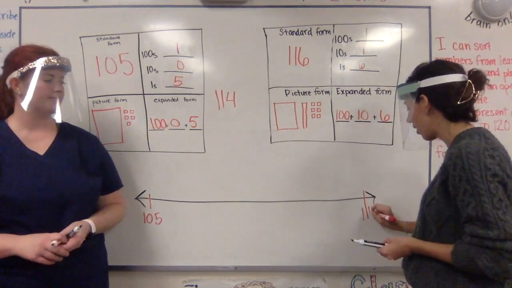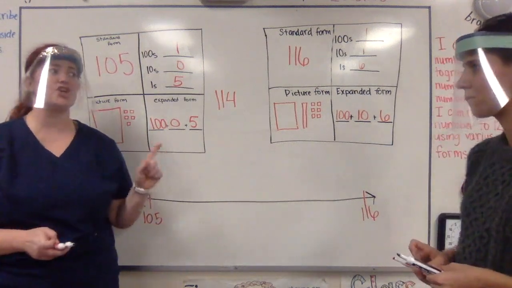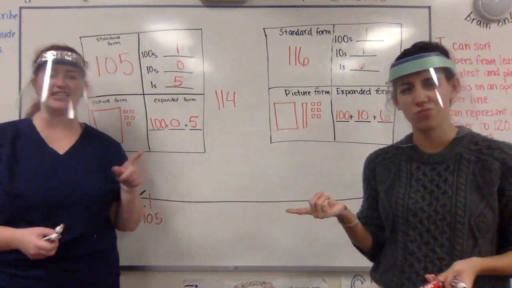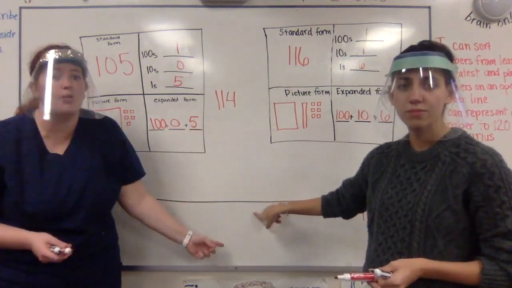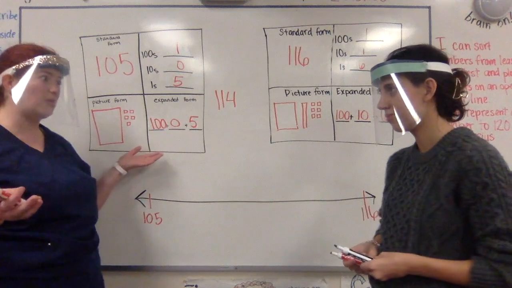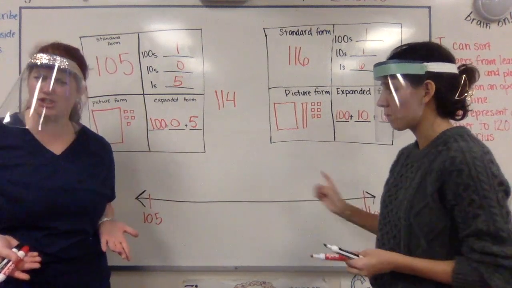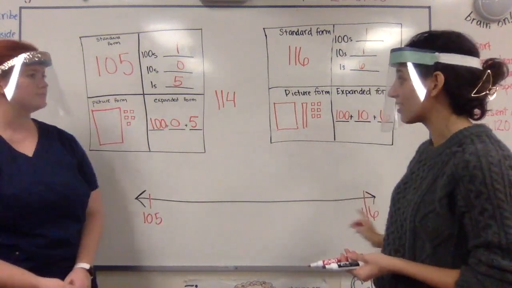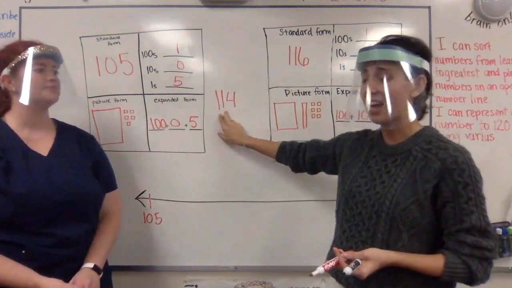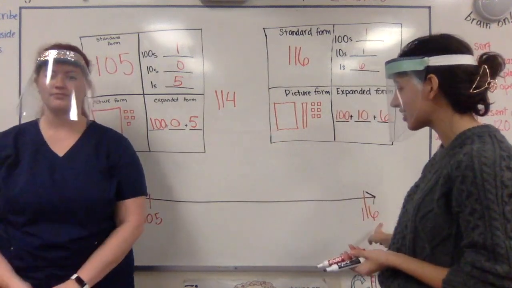So I'm going to write 116. Now, when we were doing this earlier, this week and last week, 114 is not going to 100% just immediately go right in the middle, just because it's the middle number. That's true. We need to determine which side it is closer to. Oh, well, I remember that when we were comparing these numbers, the first two digits of 114 are the same as 116. Mm-hmm.